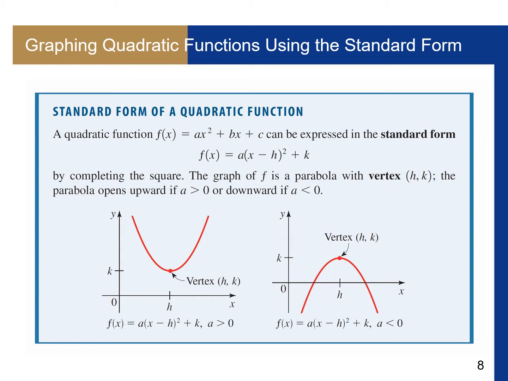So that's just telling you that it will go up. So it's concave up. If it was 0, then this whole thing wipes out and it's not a quadratic. So that's why neither one of these has the equal to underneath it, okay? And if it is less than 0, then it's concave down.